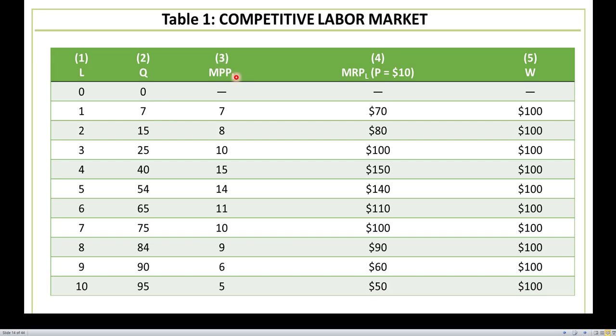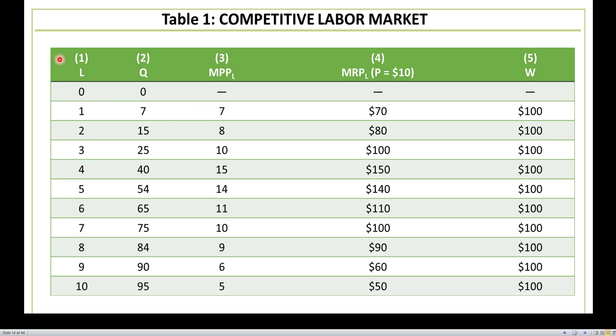Column number 3 is MPPL, the marginal physical product of labor. So that's exactly where the change in Q divided by the change in L come into play. So how do we get to 7? As we go from 0 units of labor to 1 unit of labor, how much did our quantity change by? We take the difference here, 7 minus 0, and that's where the 7 comes into play.